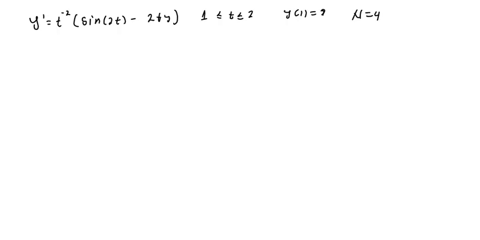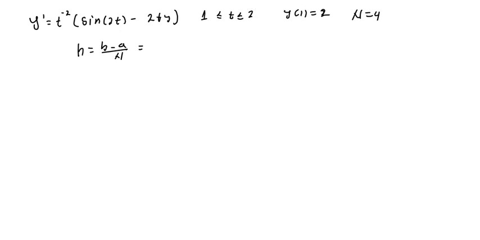If you observe here, we have not been given the value of h, but we can determine it. We know that h is equal to (b minus a) divided by n. Our a is the initial point, which is 1, then b is the final point here.